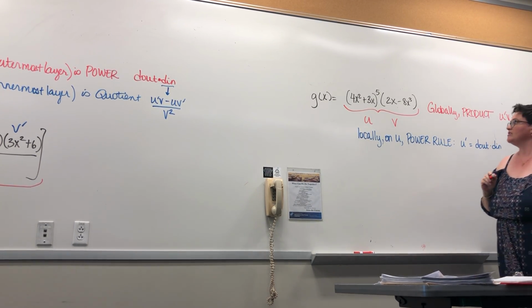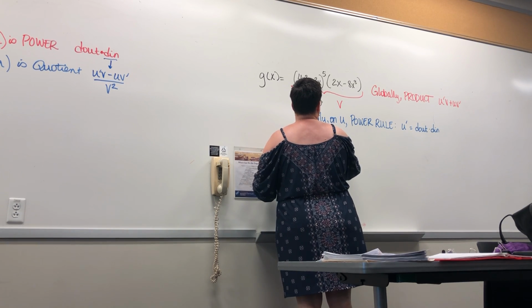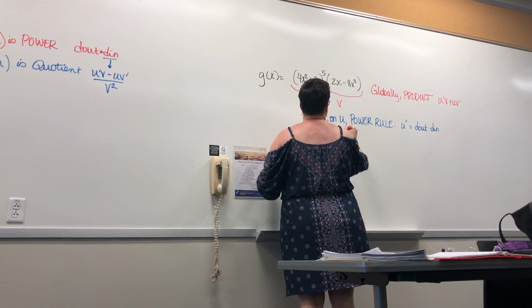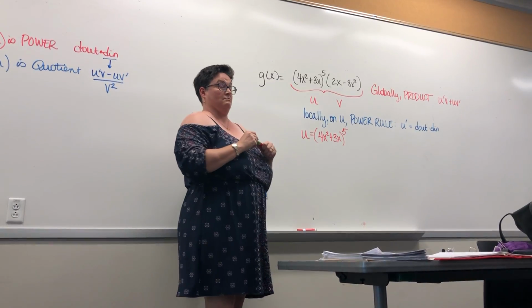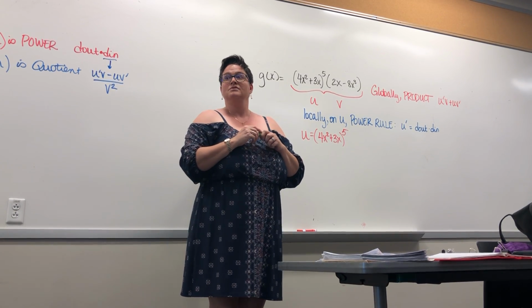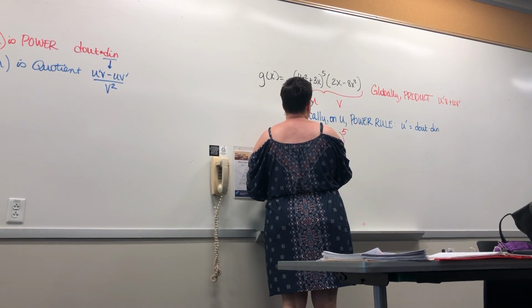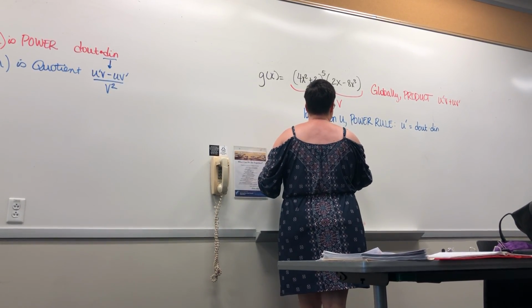And the product is determined by U prime V plus U V prime. So let's determine all of our bits. What's U? Don't overthink it, guys. U is the first function. What is it? That. What's V? The second part of that. Yeah, 2x minus 8x cubed.